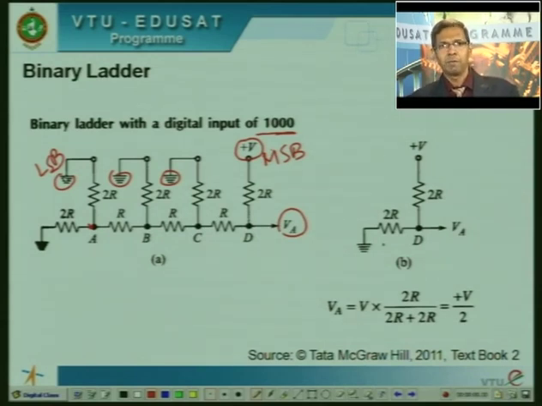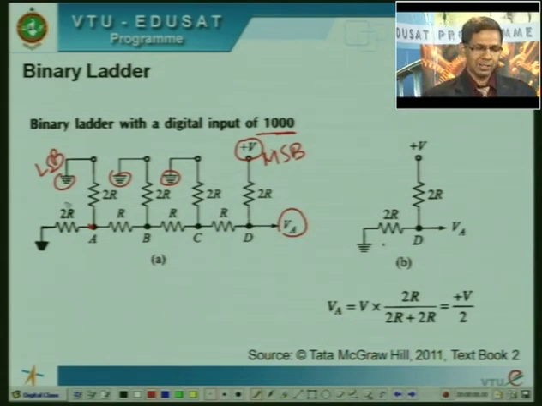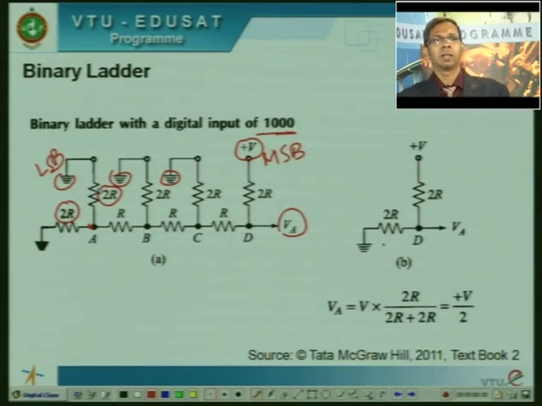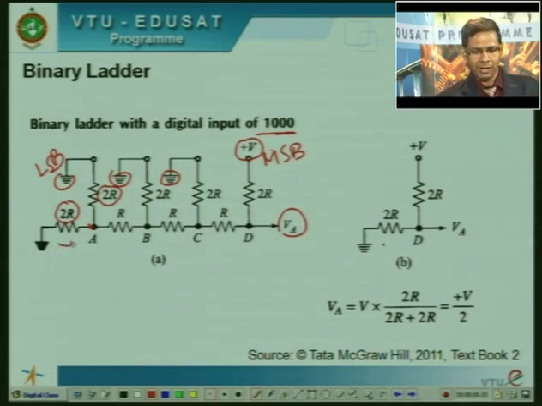That means R in parallel with R gives R upon 2. In this case, we have a 2R resistance in parallel with a 2R resistance, so the net value is only R.